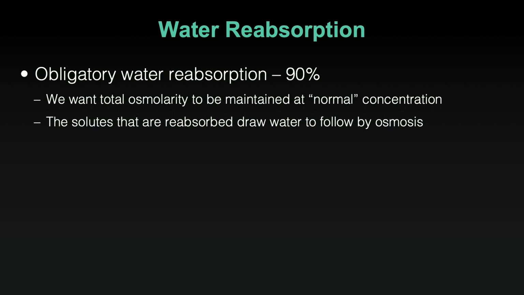Water moves because we will actively transport ions, and we want the total concentration of fluids in the body to be stable or unchanged, quote unquote normal. And by moving those ions, we're disrupting that balance. When we actively move ions from one compartment to another, the destination becomes more concentrated, and we don't want that. So water moves in order to maintain a normal concentration.